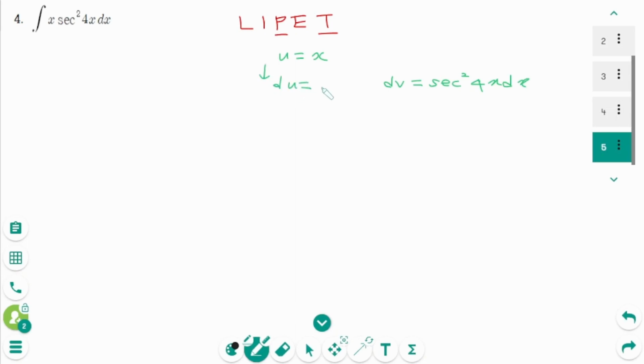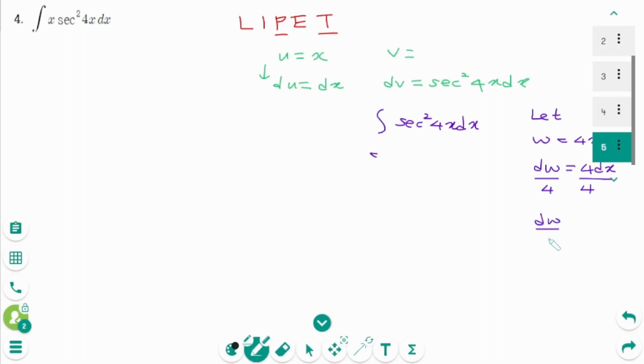Then du equals dx, v equals the integral of secant squared 4x dx equals, use the substitution, let w equal 4x, derive on each side, dw equals 4 dx, then divide by 4 on each side, dw over 4 equals dx.